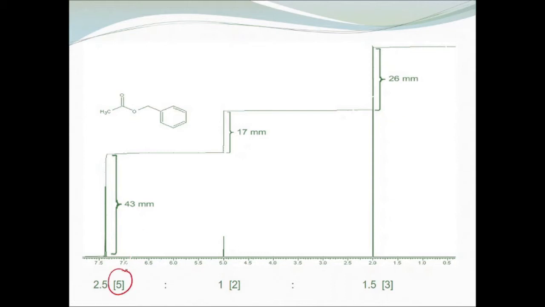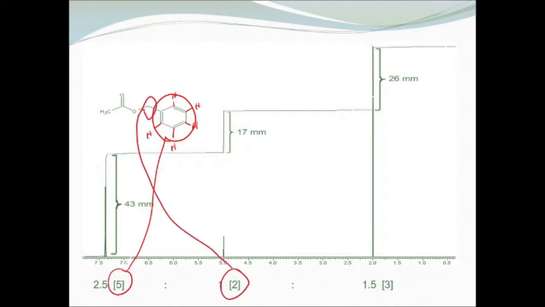Here we have 5 hydrogens. If we look at the chemical shift, this is the aromatic region, so these are the hydrogens on that benzene ring. And we do, in fact, have 5 hydrogens associated with that. This is 2. That corresponds to this methylene.